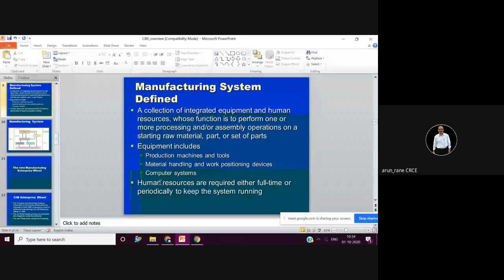And RMS, reconfigurable manufacturing system, means you should design your manufacturing system in such a way that today you are able to manufacture a four-wheeler, and tomorrow, within a day, with some little modification, you should be able to manufacture a three-wheeler, that is a rickshaw.